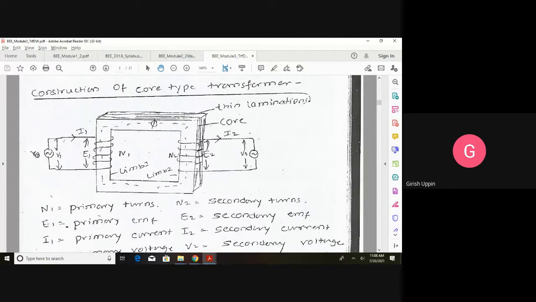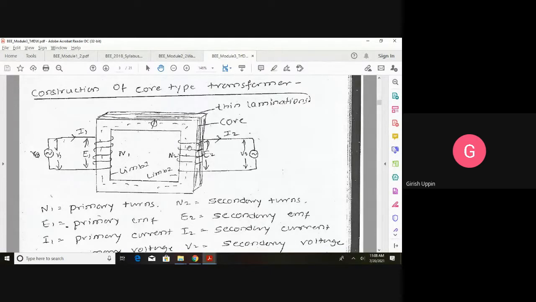And on one limb we will be having the winding, the copper winding. These are insulated windings, and on the primary side we will be having N1 turns, and these terminals are connected to the voltage supply. And the secondary winding will be on the other limb. Okay.